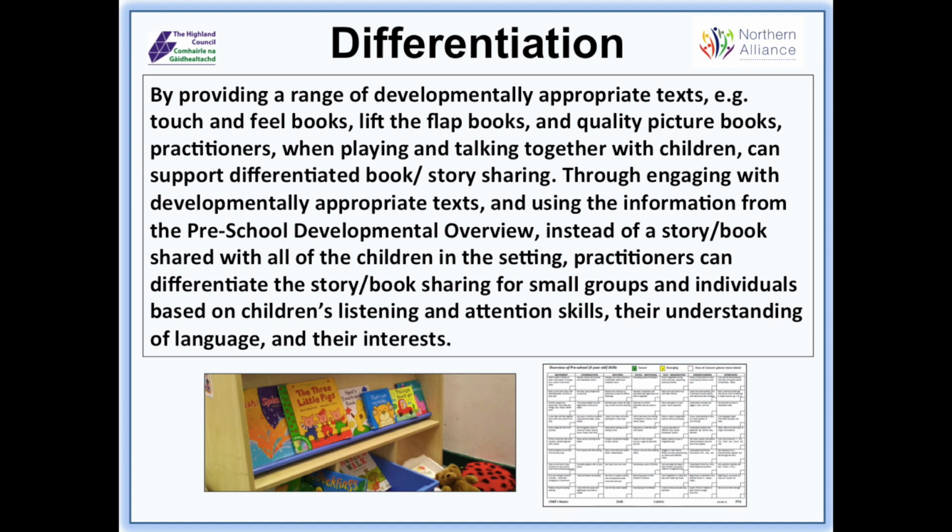Through engaging with developmentally appropriate texts and using the information from the preschool developmental overview, instead of a story or book shared with all of the children in the setting, practitioners can differentiate the story or book sharing for small groups and individuals based on children's listening and attention skills, their understanding of language, and their interests.